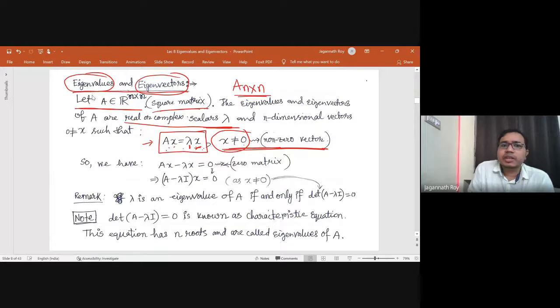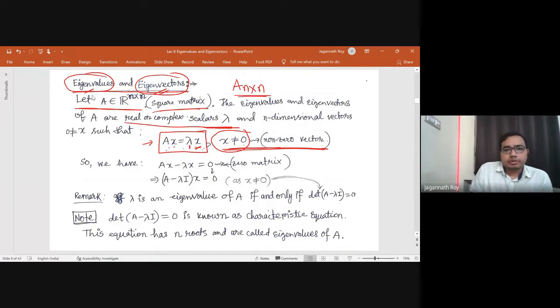Eigenvalue and eigenvectors cannot be defined independently. They are not independent quantities. Every time they come like a package. If you talk about eigenvalue, you have to talk about the eigenvectors.